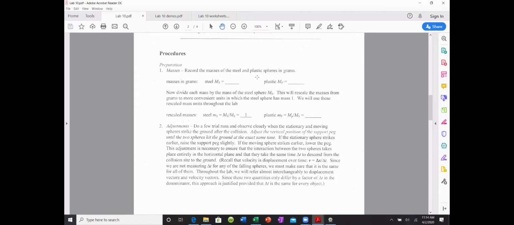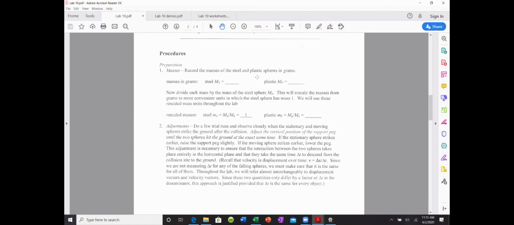But as I said, in today's lab, we're not going to be too tied to any particular unit system. And we're going to make a choice which is going to make your life a lot easier. So these are, of course, in grams, but we are going to switch over to arbitrary units.